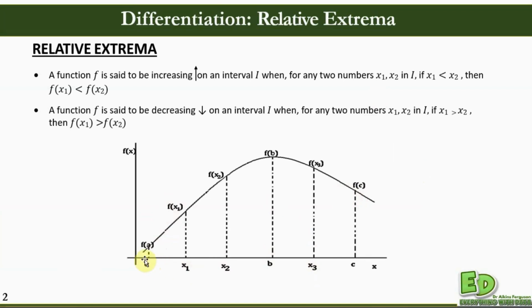Now, we'll be looking at the point where a function is said to be increasing and a point where a function is said to be decreasing. You can see on this curve the function, or the product, assuming you are a producer producing, let's say, biscuits or shoes for school children. At some point you'll be making profits, at some point you'll be making losses.